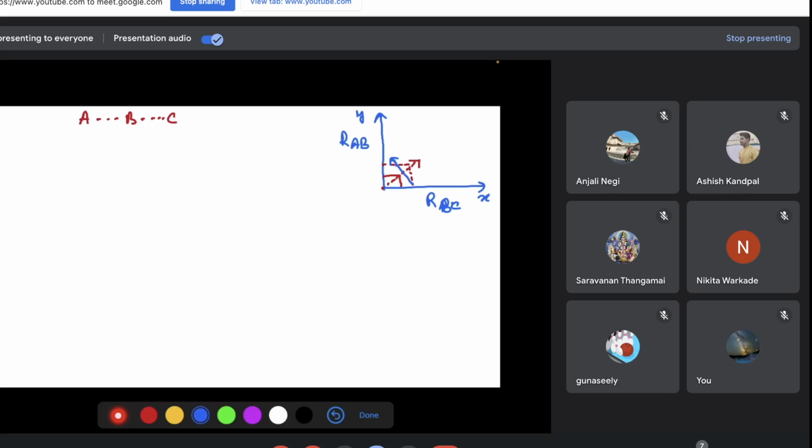So when my BC bond contracts, my AB bond will elongate, or vice versa.